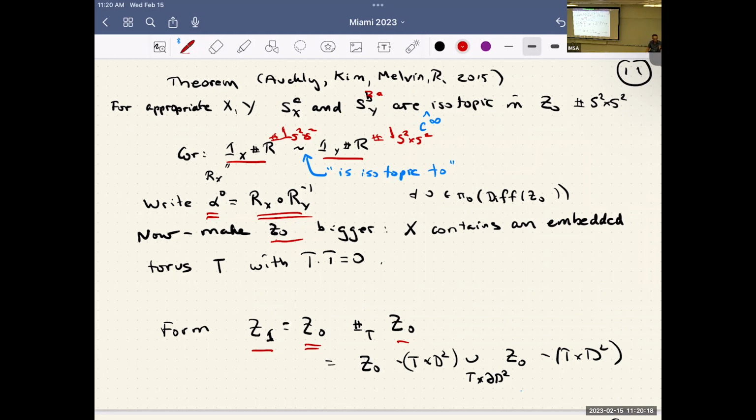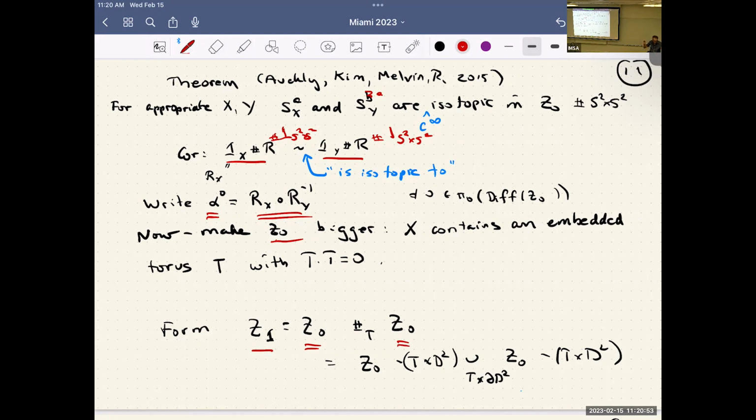A K3 surface is an elliptic surface, so it's almost fibered over the two sphere where the fibers are tori, and the other one also has lots of tori of self-intersection 0. So you can remove a neighborhood of each torus and then glue the things together. It's kind of like connected sum, which would be like submanifold sum along 2 points, but here we're doing it along tori. This is a very useful operation in four-manifold theory, and it comes from algebraic geometry and symplectic geometry. So we take two of those and add them together.